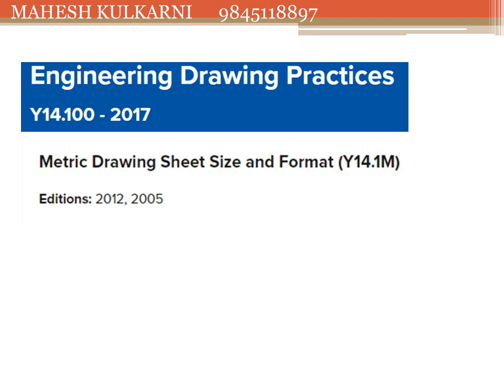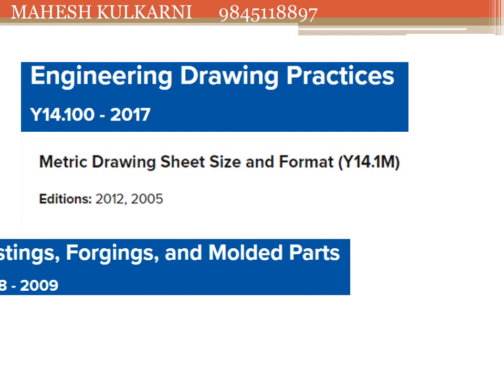The next standard is Y14.1M, the metric drawing sheet size and formats. It tells you overall how the drawing template should be, and which are the designated places for the information holders like your notes and bill of material. All those details are covered in this particular standard.